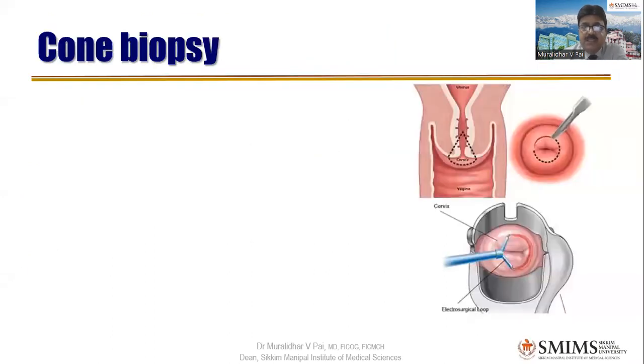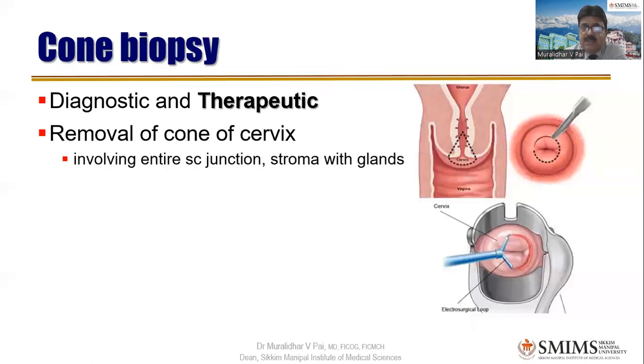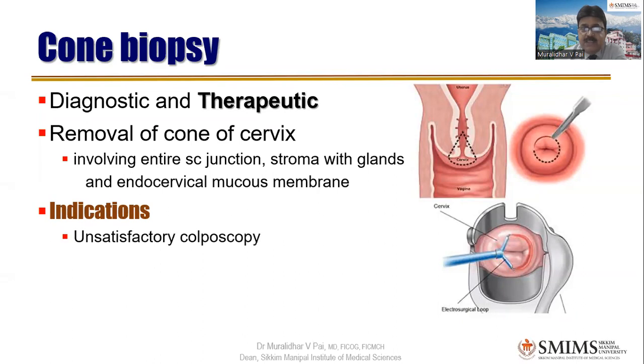In carcinoma cervix, cone biopsy is both diagnostic and therapeutic. Removal of the cone of cervix is very important, nicely including the entire SC junction, stroma and glands, and the endocervical mucous membrane as well. What are the indications? Unsatisfactory colposcopy.